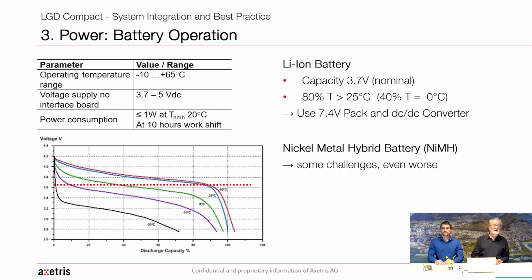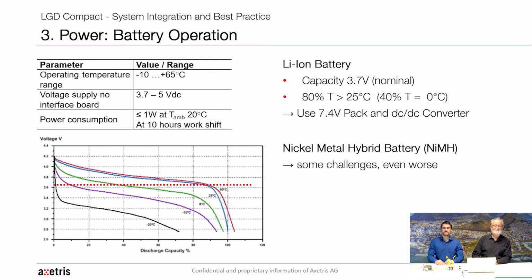Now you look at lithium-ion batteries. Nominal voltage is 3.7 volts. That's perfect, isn't it? But it's not as easy as it looks at first, because the voltage you get from such a lithium-ion battery will depend on the discharge level and also a lot on ambient temperature.